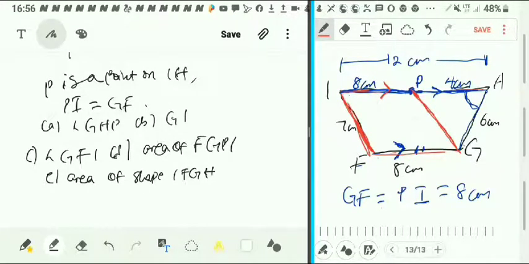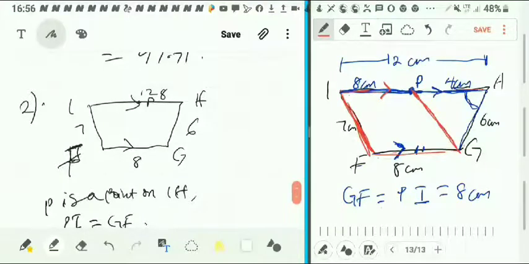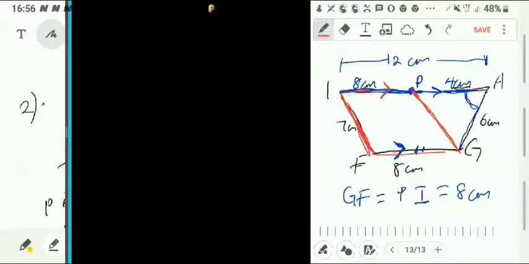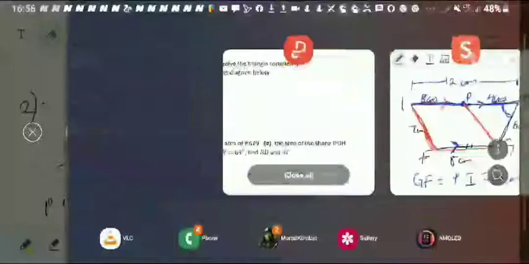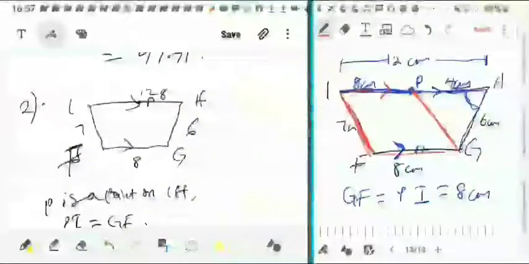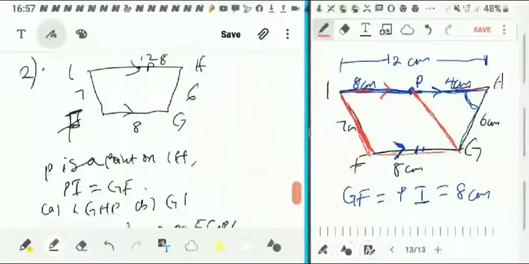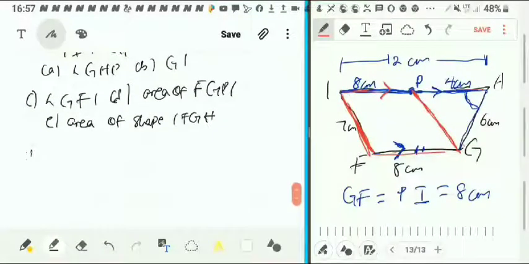Sorry, I think there is something. Did I miss something? Let me go back to the diagram. Okay, I did not miss anything. So we are told to find angle GHP.